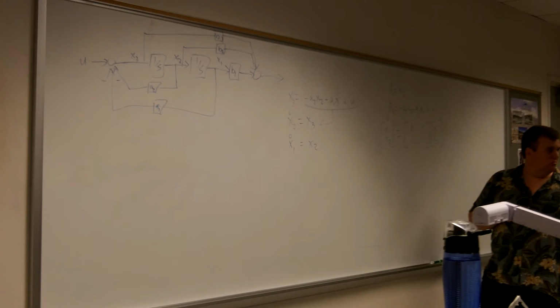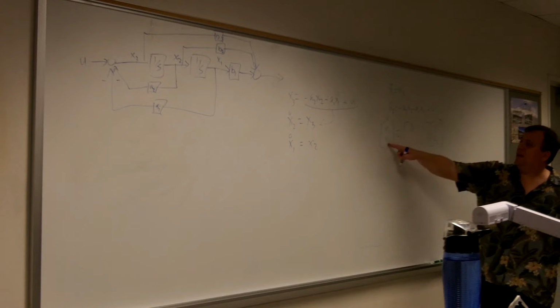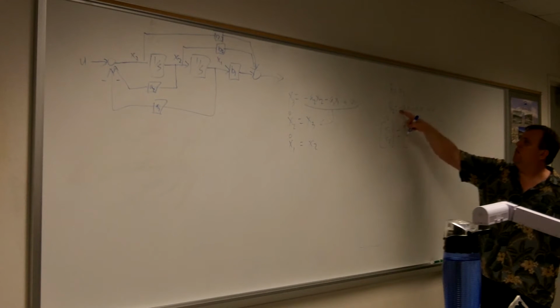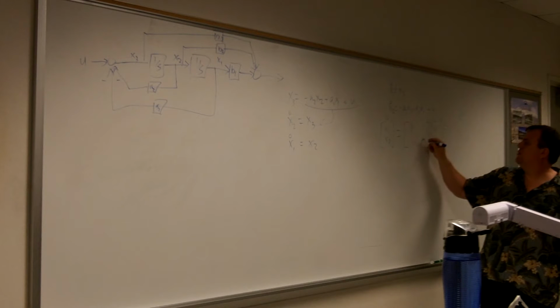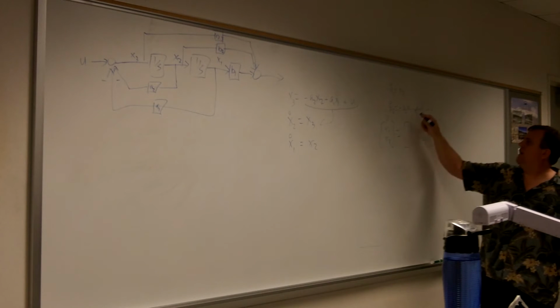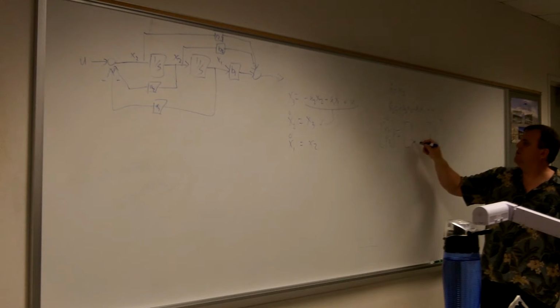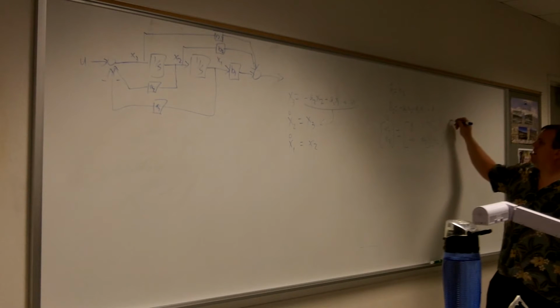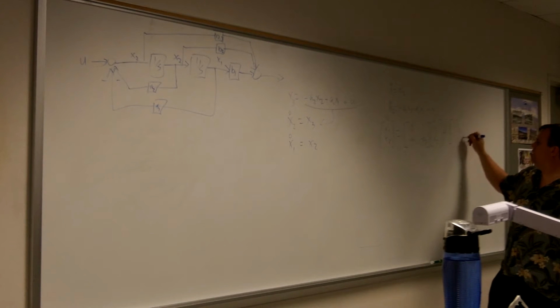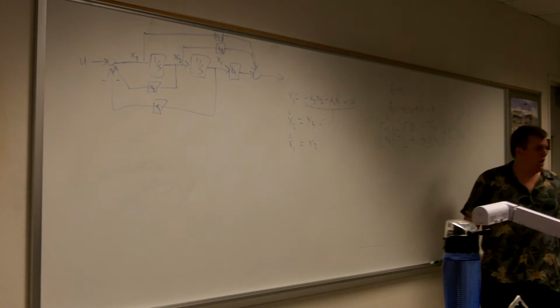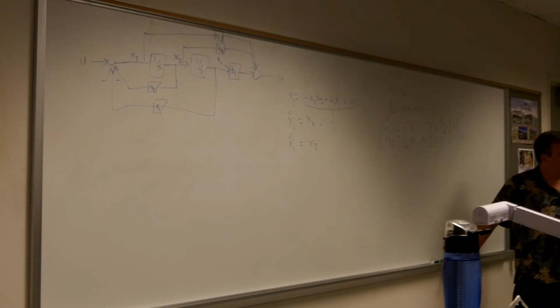Agree? x2 dot is minus a2 x2 and minus a1 times x1, plus I need to add in a u term down here, but I didn't need to do it up top. We agree? So that describes how I can get my x's. But I still haven't said how to get y yet.